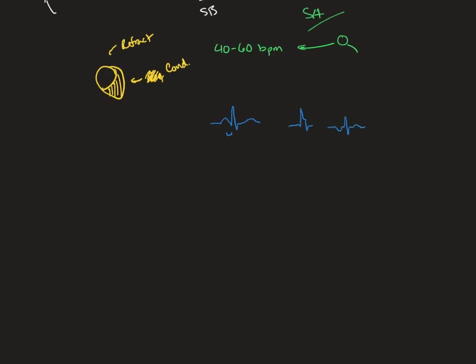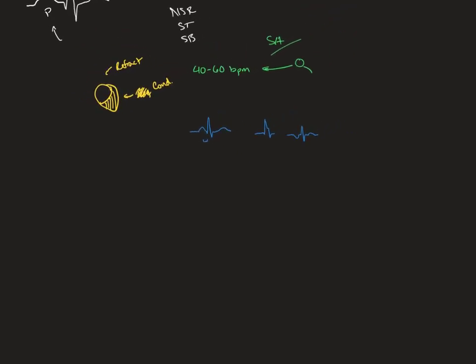So all of these things are saying that in this case, a short PRI, that just means that we're coming from around up here, we're having some atrial depolarization, and then we're moving on to this bundle of His portion kind of quick, and that's causing a short PRI. In this case, our atrial depolarization is coming a bit late because it's starting, I don't know, maybe down here.